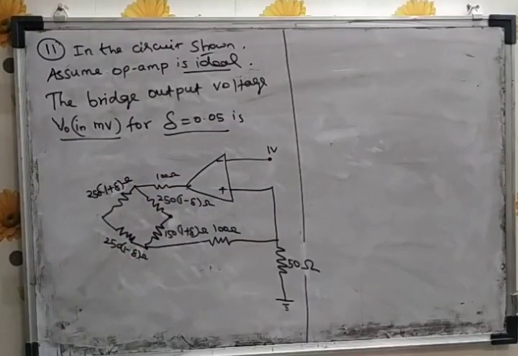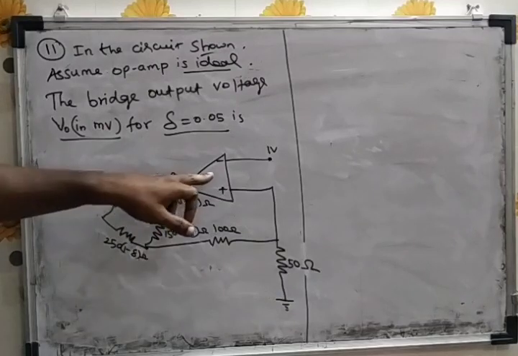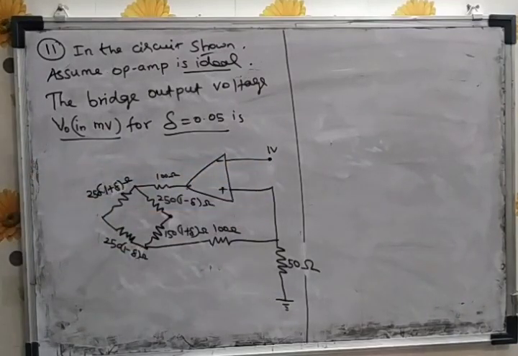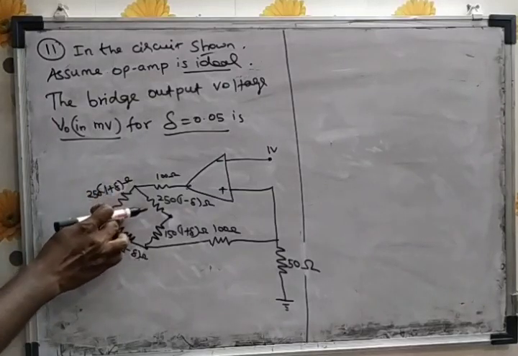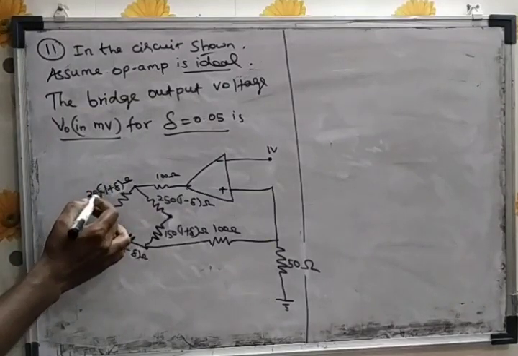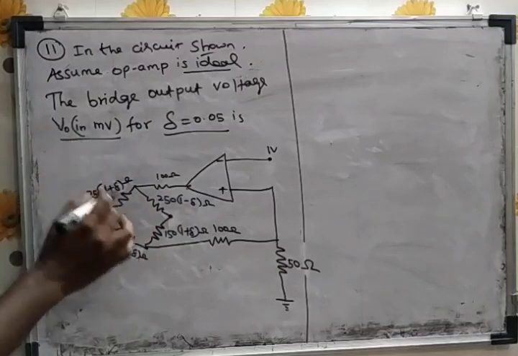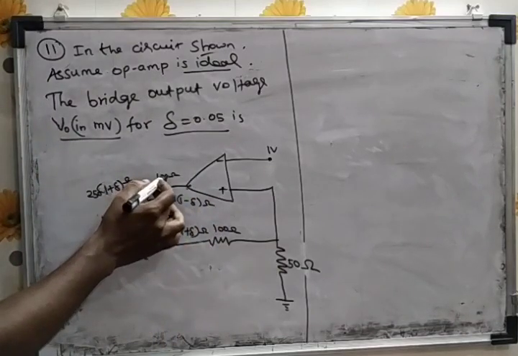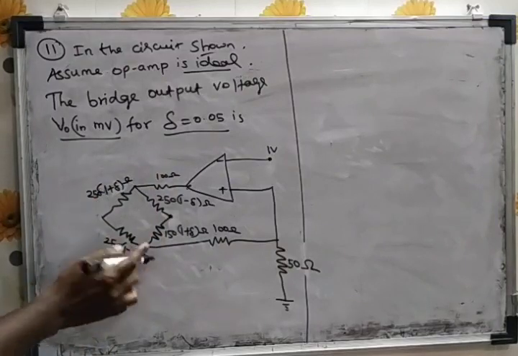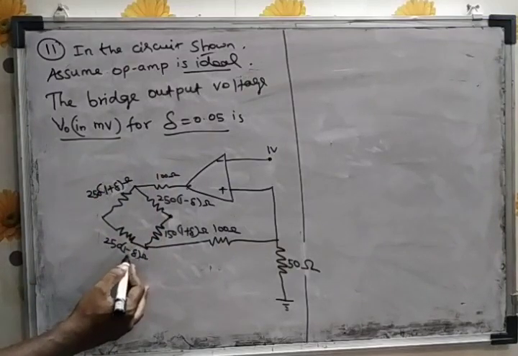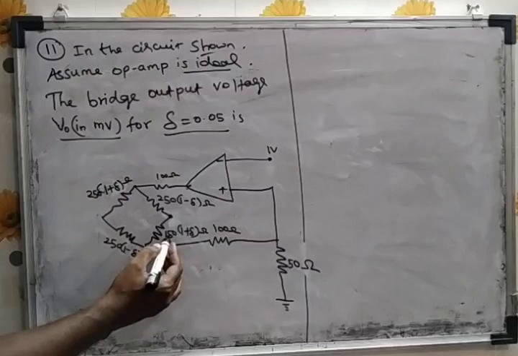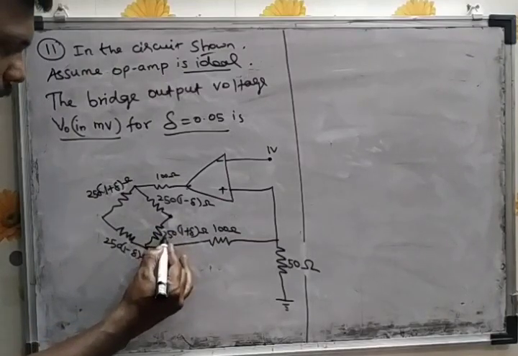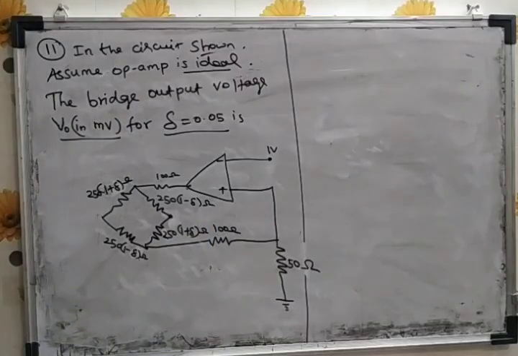The circuit has an op-amp with negative input 1 volt. In the bridge circuit you have 250 into 1 plus del ohm, here 250 into 1 minus del ohm, here 100 ohm, and here 250 into 1 minus del ohm. Here also we have 250 into 1 plus del ohm.